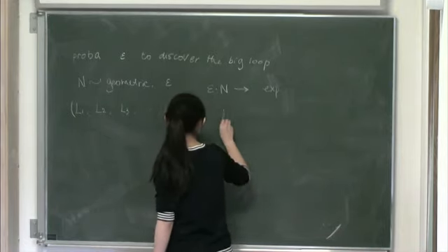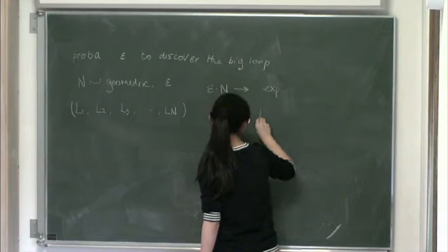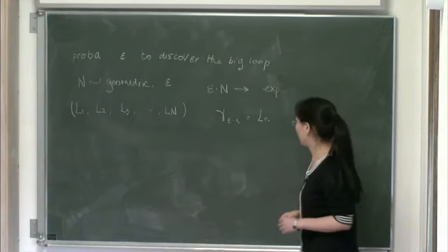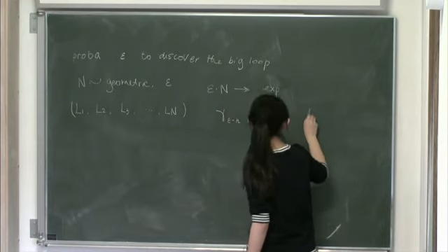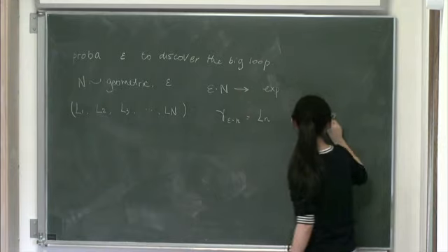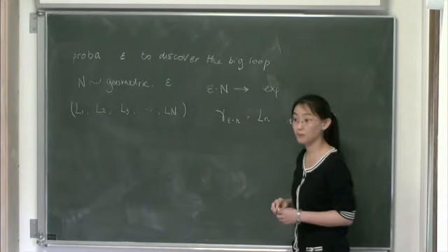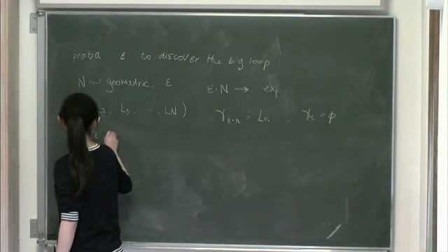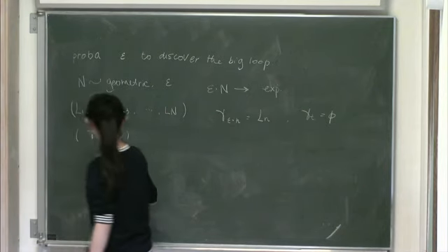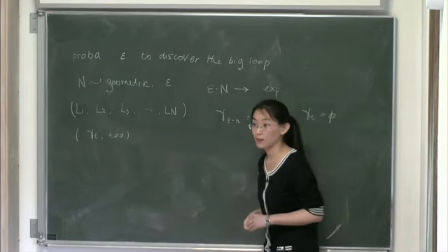So we define gamma at epsilon times n equals Ln, and gamma t is empty if t is not of this form. So now we have a normalized sequence.